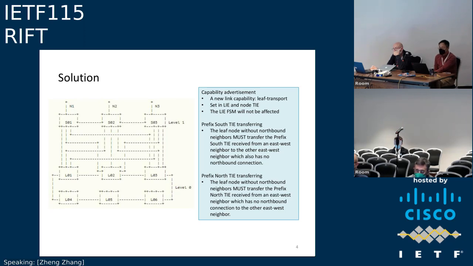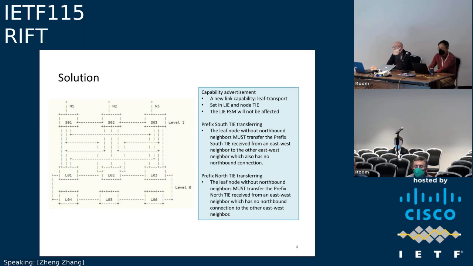So L5 receives the prefix south tie and finds the way to access the network by L4 or L6. L1 and L3 receive the prefix north tie and push the tie to the spine node. And the nodes on the other side of the network can send the flow to L5, and L5 can send the flow to the other nodes in the network.